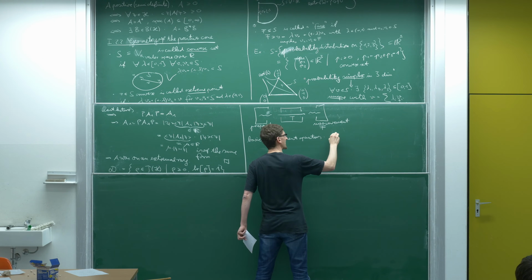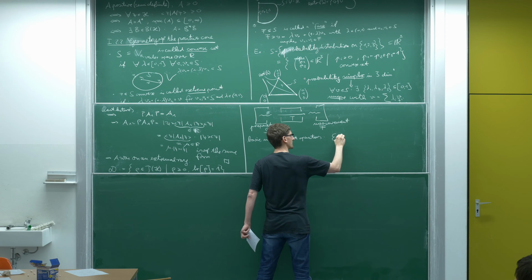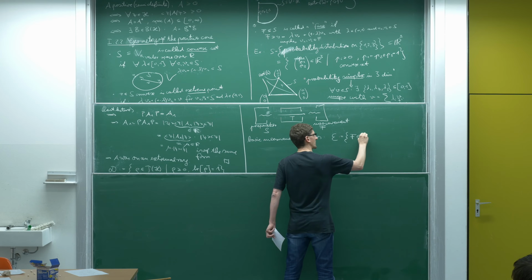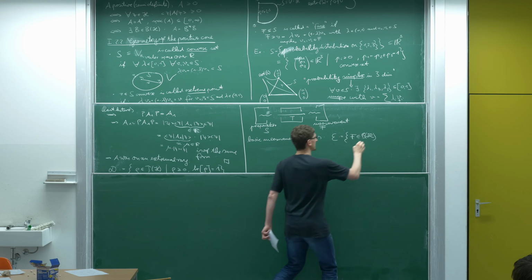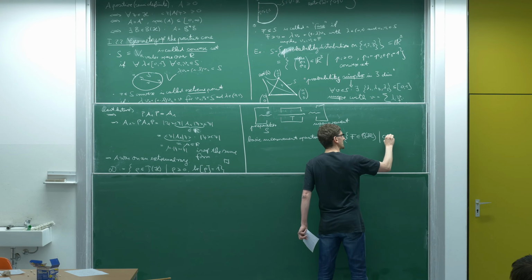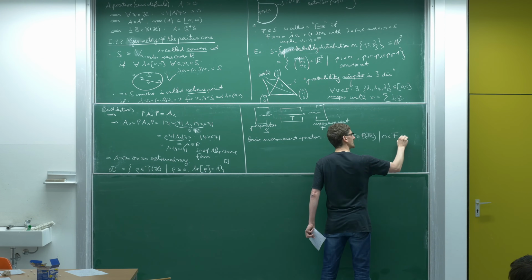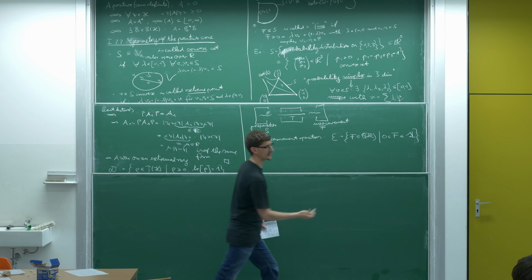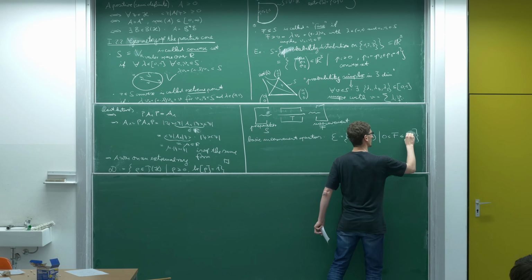So this is the set of effects. This is the set of operators that are bounded operators on the Hilbert space which describe our quantum systems. And again, these are positive semi-definite, but smaller or equal than the identity operator.